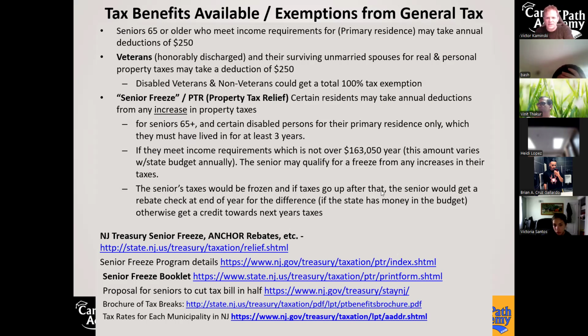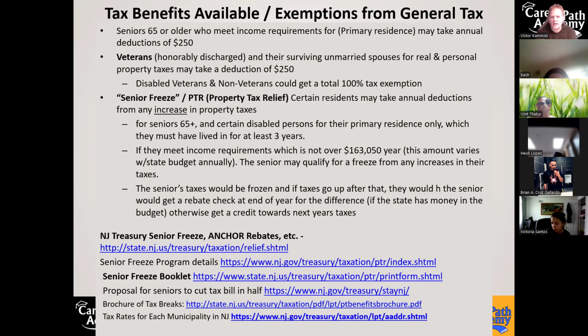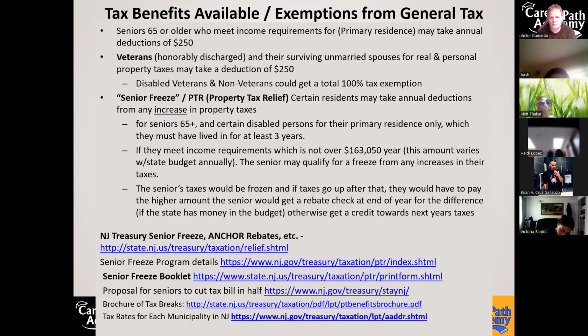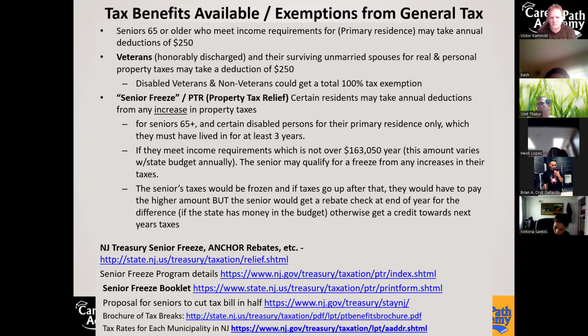So the senior's taxes would be frozen, and if taxes go up after that, they would have to pay the higher amount, but the senior would get a rebate check at the end of the year for the difference, if the state has the money in the budget. Otherwise, they get a credit towards next year's taxes.